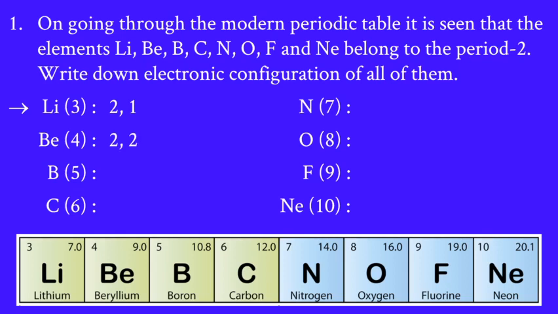Boron, atomic number 5, configuration will be 2,3. Then carbon, what it should be? 2,4. Nitrogen 2,5. Oxygen 2,6. Fluorine 2,7. Neon 2,8.